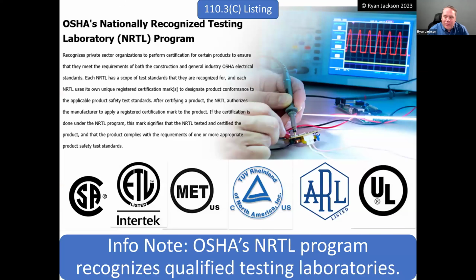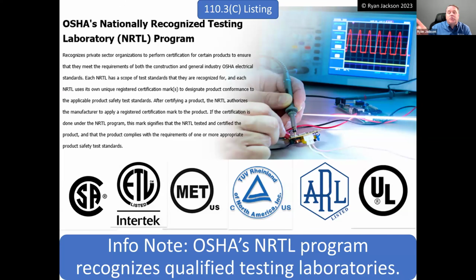There's a little note here as well that says OSHA's NRTL program, the Nationally Recognized Testing Laboratory Program, recognizes qualified testing laboratories. So a lot of times we'll say, okay, something has to be listed, fine. I've got this mark that says ETL or UL or TUV. How do I know that that is a qualified testing laboratory? Well, the NEC doesn't tell you this.